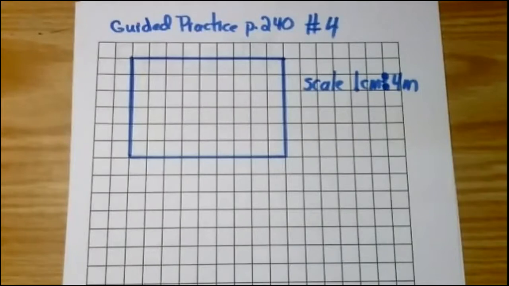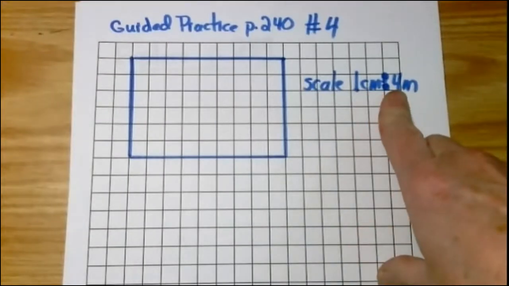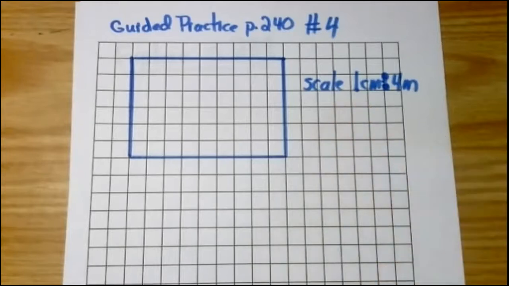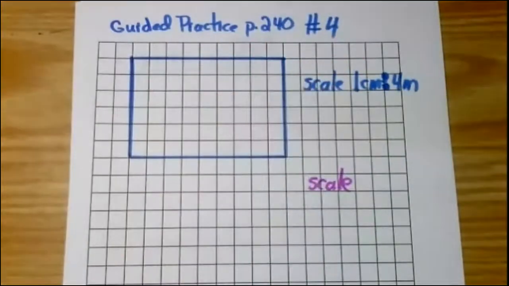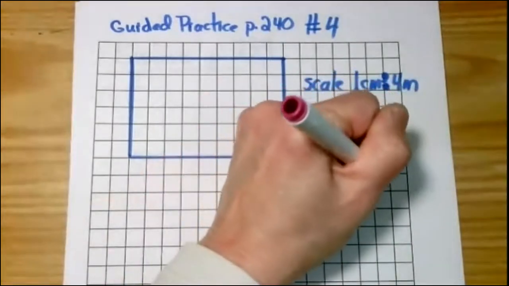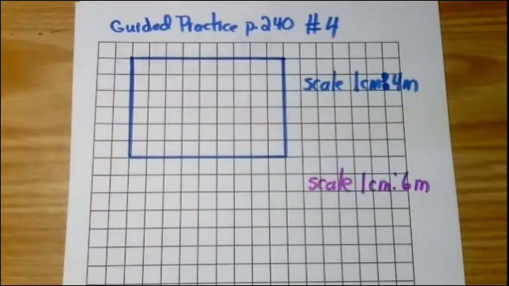Okay, so A, this is going to be a little different. We are changing from a scale of 1 centimeter to 4 meters to a new scale, and I'm going to do that in pink here. Our new scale has to become, the book tells us, 1 centimeter to 6 meters. So we have to figure out our new size.